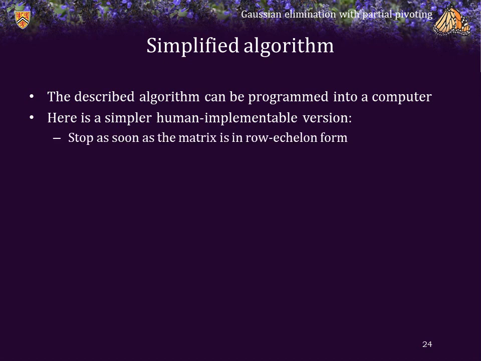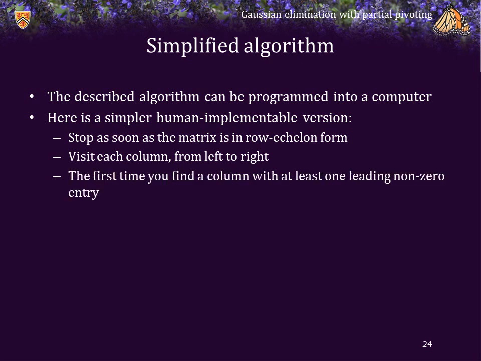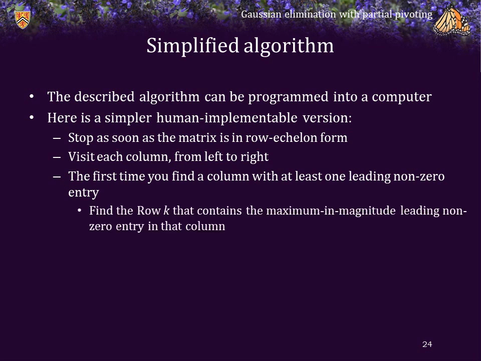First of all, the halting condition is easy. Whenever you see the matrix being in row echelon form, you are done. There's no need to carry on. Now, you're going to visit each column within the augmented matrix in order from left to right, one column at a time. The first time you find a column that has at least one leading non-zero entry, you will find that row K that contains the maximum in magnitude leading non-zero entry in that column.